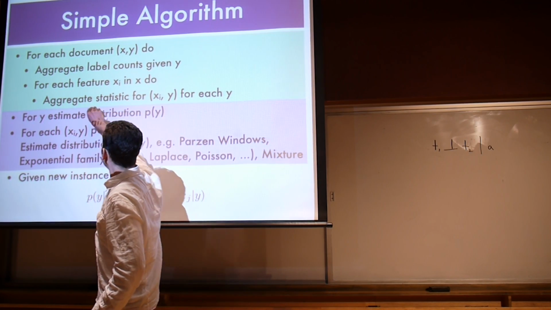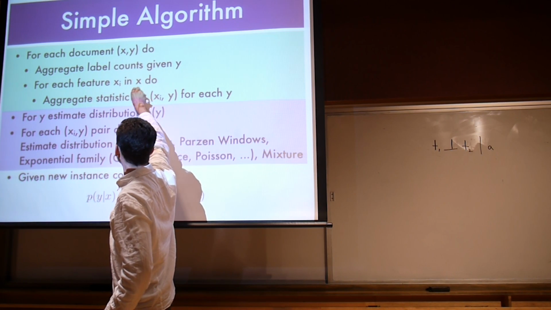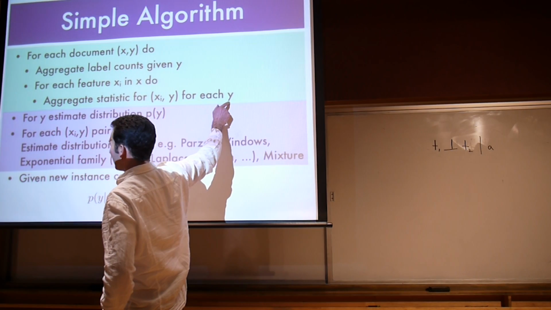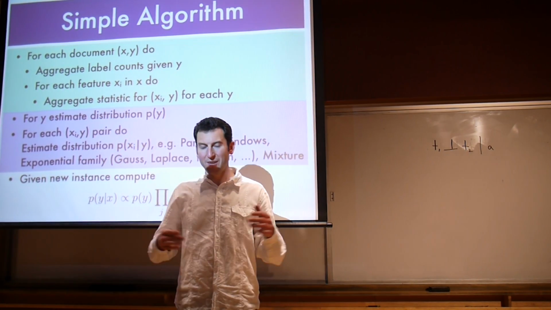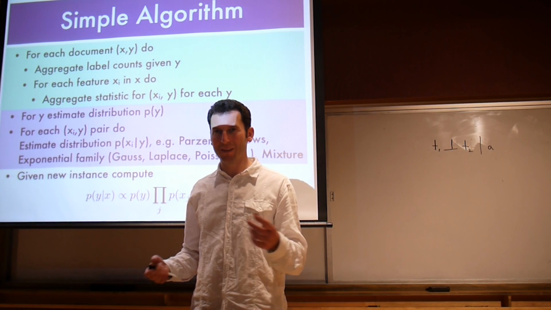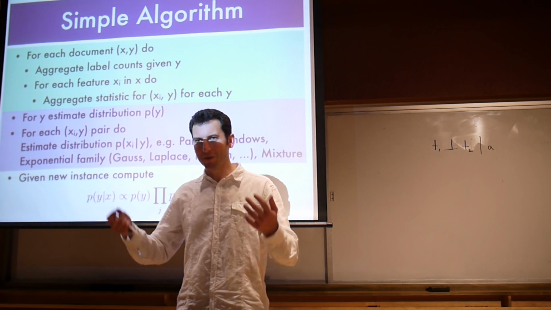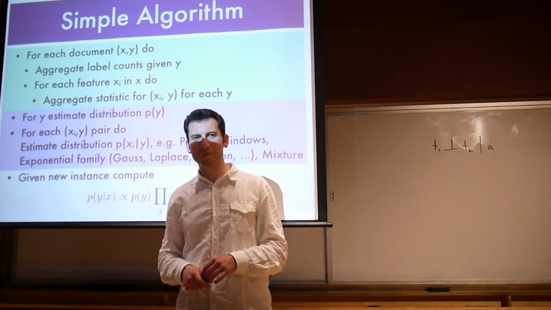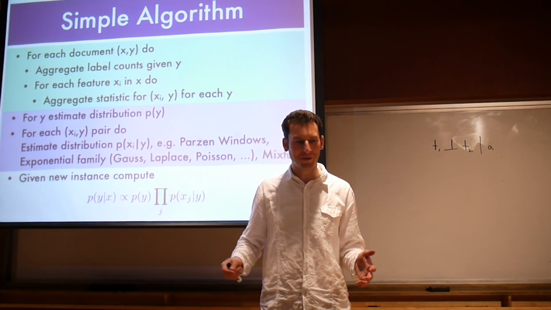Then for each of those features xi in X in that document, we also aggregate the corresponding statistic for xi and y. So in other words, if I have something fancier than a binary presence or absence filter, I might want to count how many times the word rich occurs, or how many times the word homework occurs, or how many times the word Viagra occurs, or whatever.